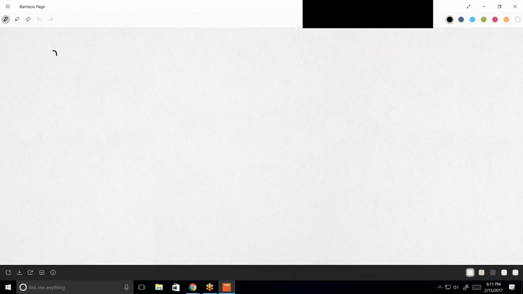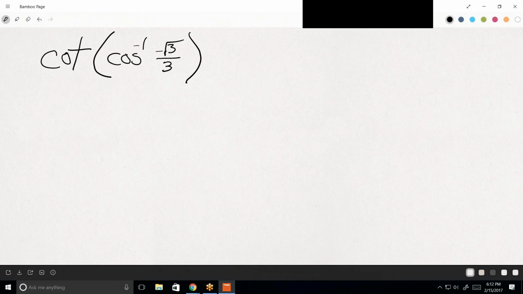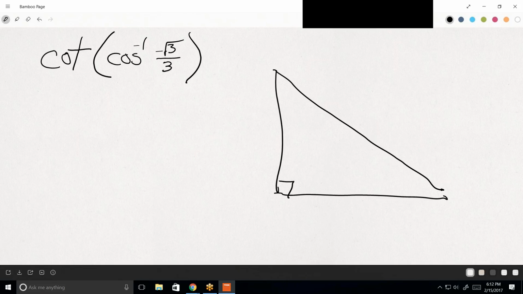The cotangent of inverse cosine of negative root 3 over 3. Notice that in the previous two problems, we never did know what theta was.